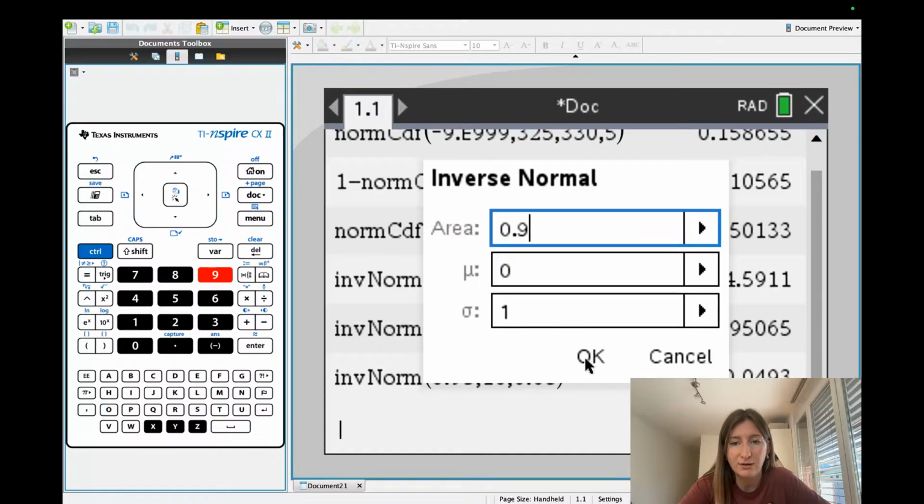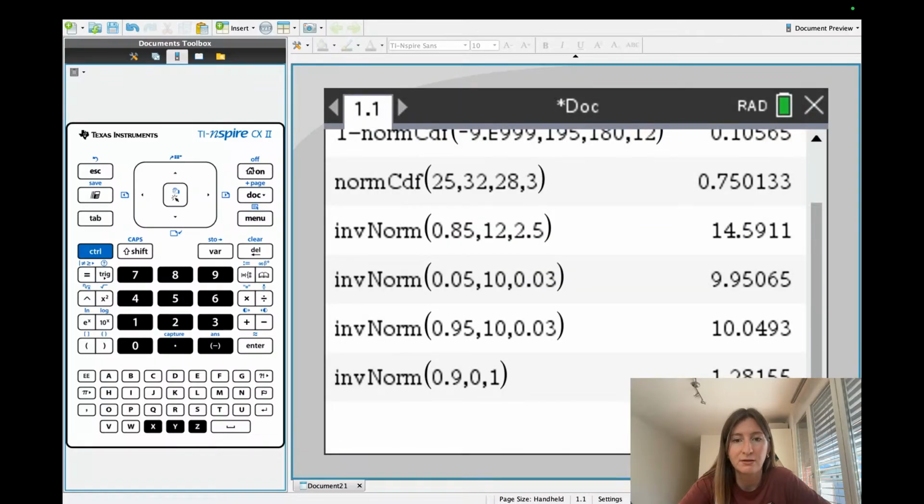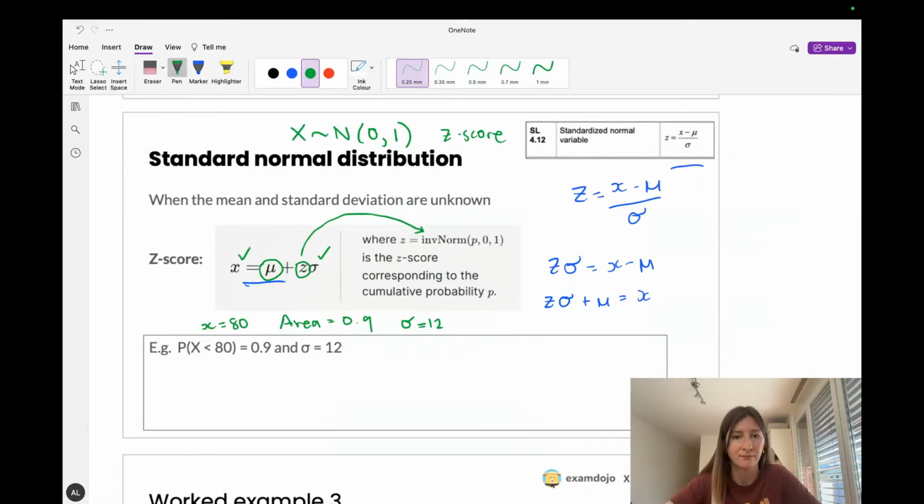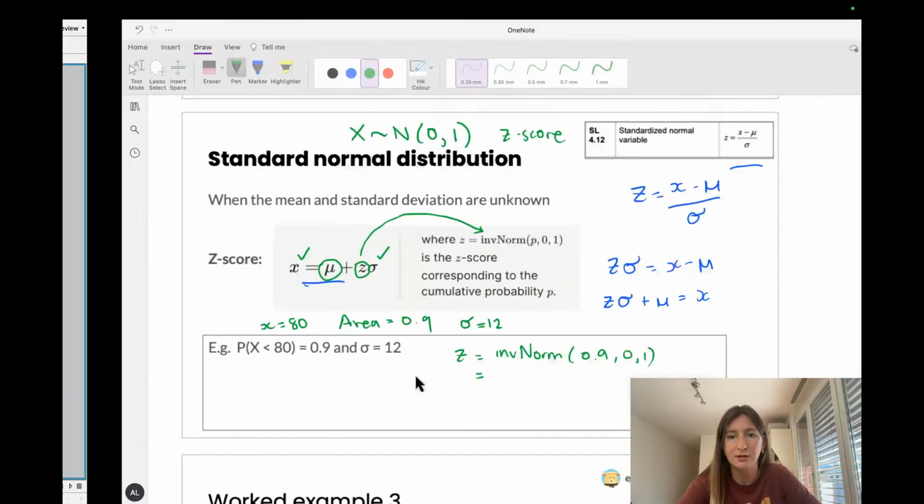So we don't need anything else. Our z value is in the inverse norm. Probability was 0.9, and it's given us 1.28.